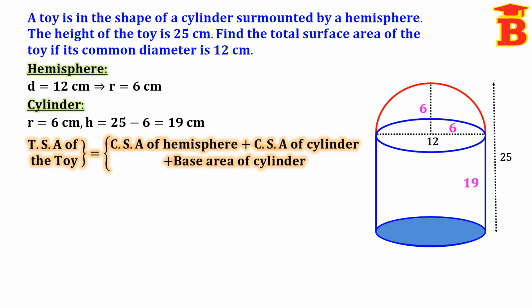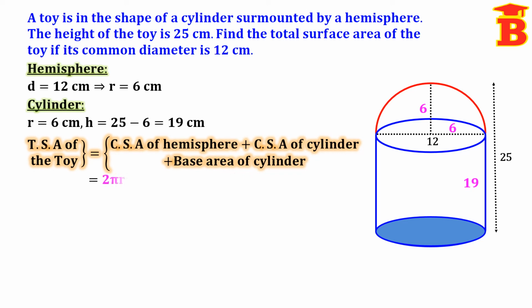We can see only the bottom circle. So this circle cannot be seen. So we take only this outer part, that is CSA of hemisphere. And this blue color round, that is CSA of cylinder. And we can see the bottom circle. So that is the base area of cylinder.